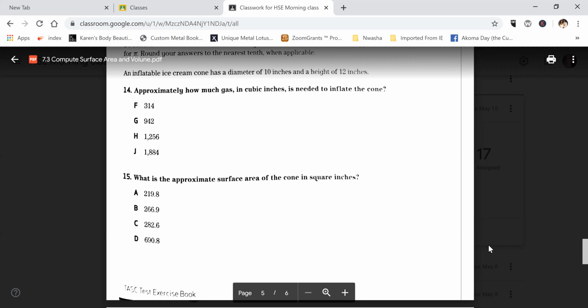So with an inflatable ice cream cone, they're talking about either how people have pool toys that you have to blow up, or helium balloons, right? So if they're saying how much gas, I'm taking it to be a balloon. So what you're saying is how much can fit on the inside. That's going to be volume.